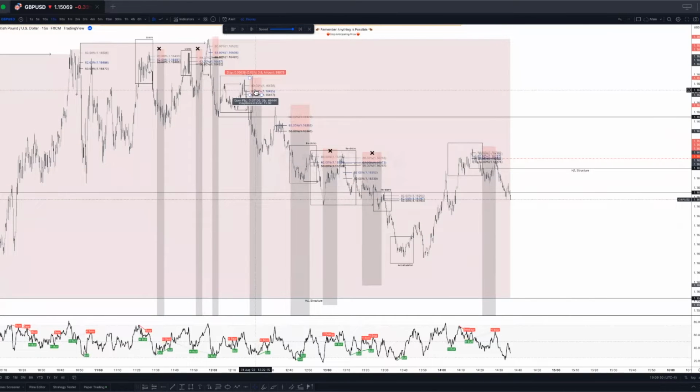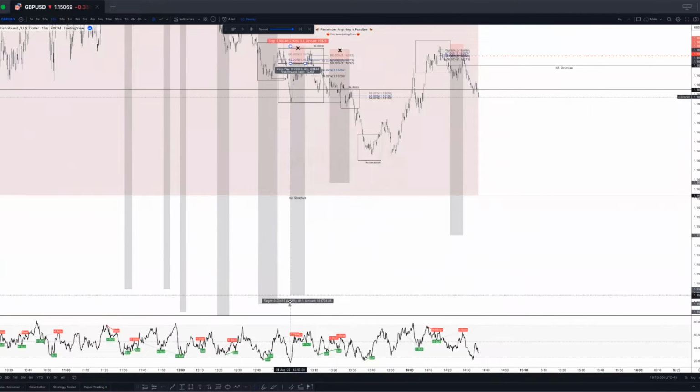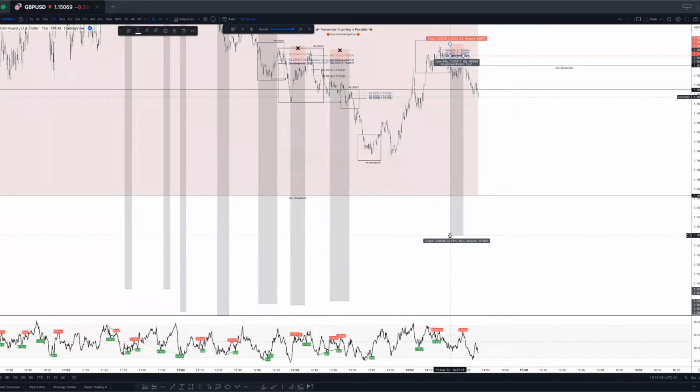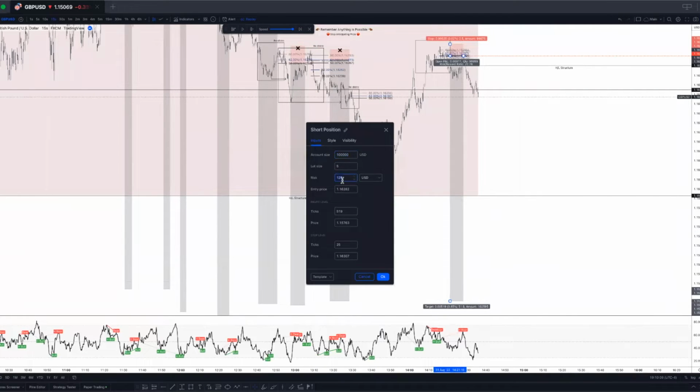This one never got tapped in. This was a loss. This one never got tapped in. So loss, loss, loss, loss. All of them 250.